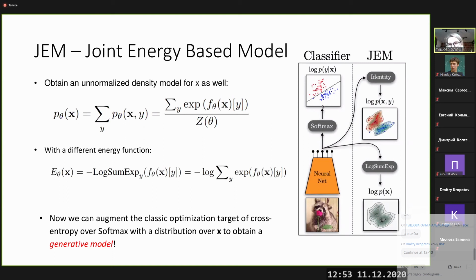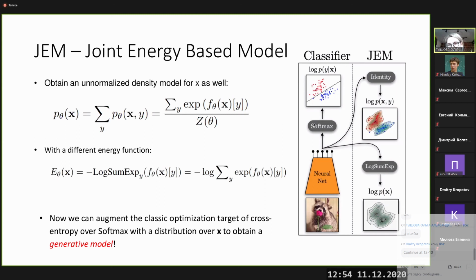So here is once again the scheme of everything that is happening. If we take the softmax of our neural network outputs, we obtain the conditional probability of y given x, which is the standard conditional probability for a discriminative model.